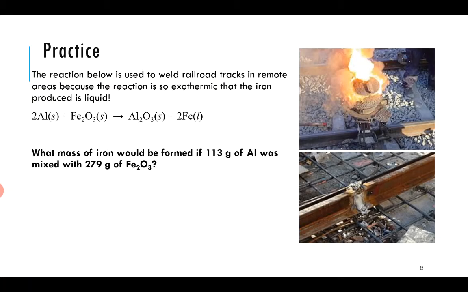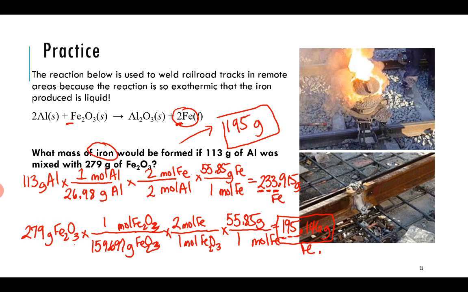On this page, I'm going to try to solve the same problem, only doing the Alex method. So on Alex, what they'll have you do is figure out how much of the other reactant you would need. So if we refer back to the other page, it says that we start with 113 grams of aluminum, and we have 279 grams of iron oxide.